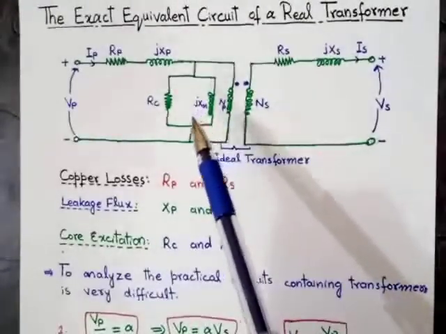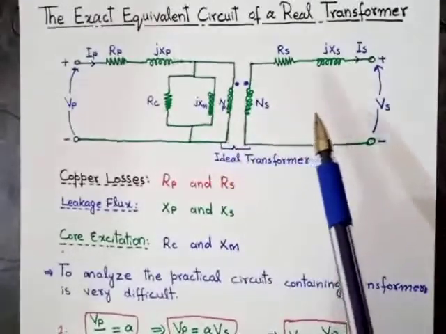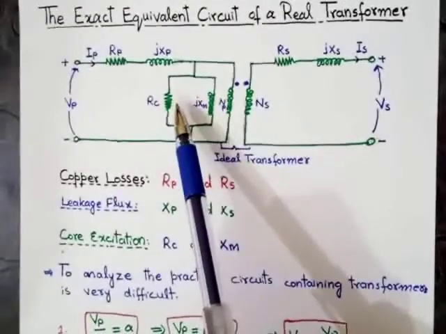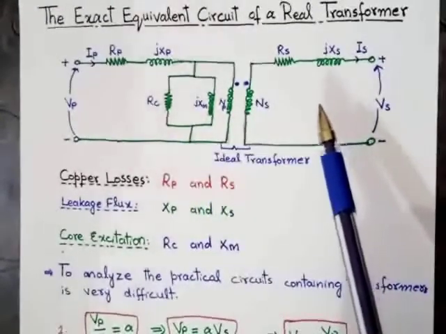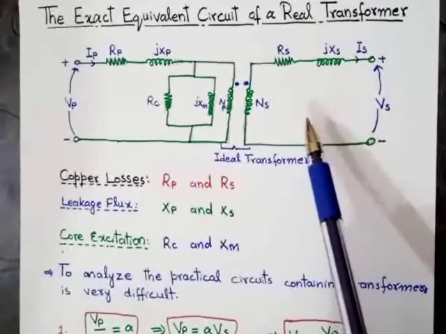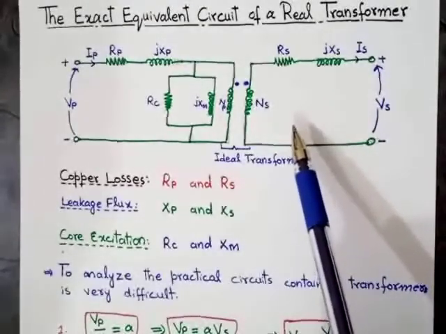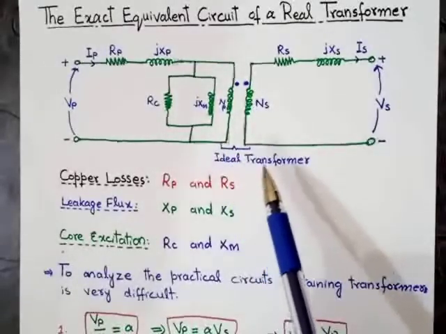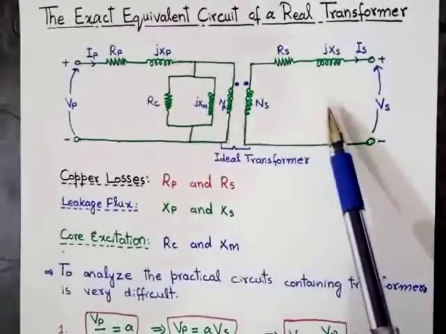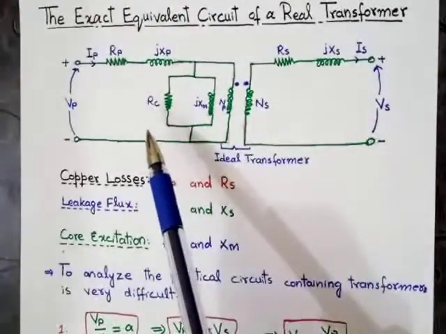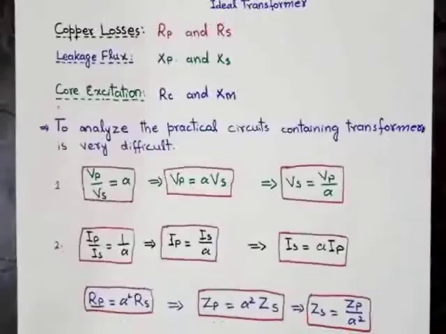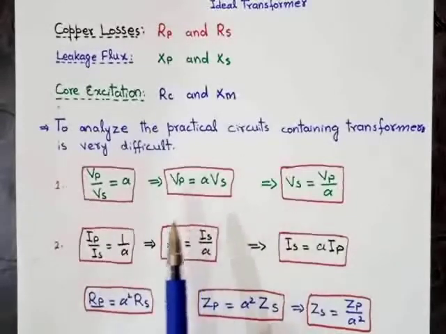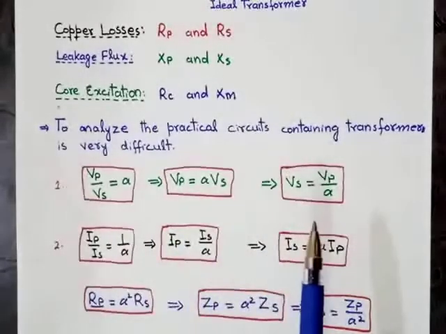As we have already discussed in the last week's lecture in detail, by using this method we can convert primary side to secondary side and secondary side to primary side. By using these formulas, we can do the conversion.